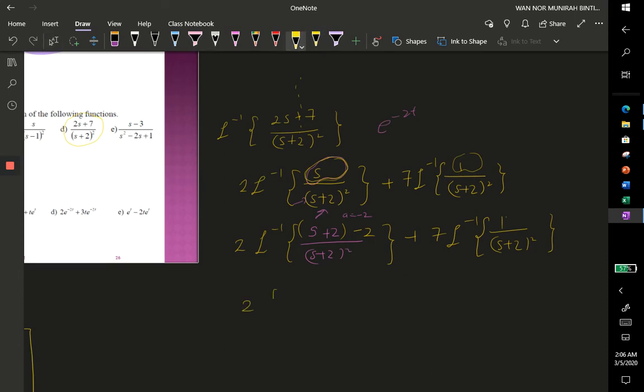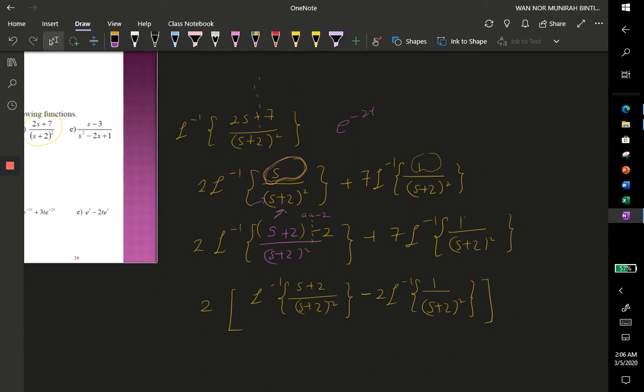So 2 is 2, Laplace inverse, again apply the linearity, of (s plus 2) over (s plus 2) squared, minus 2 Laplace inverse of 1 over (s plus 2) squared, close bracket, and then you have plus 7 Laplace inverse of 1 over (s plus 2) squared.